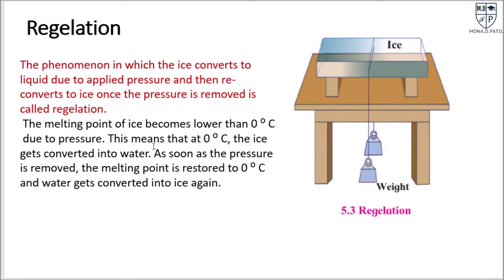This means that below 0 degrees Celsius, the ice gets converted into water. As soon as the pressure is removed, the melting point is restored to 0 degrees Celsius and water gets converted into ice again. This phenomenon is known as regelation.